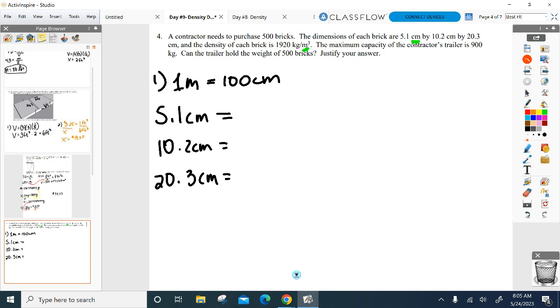All right, quick check as you're doing it: 0.041 meters, 0.051 meters, 0.102 meters, and 0.203 meters. That's what I get when I convert all those centimeters to meters.